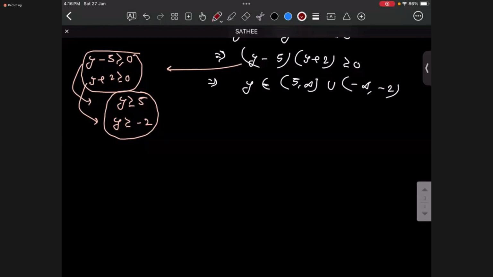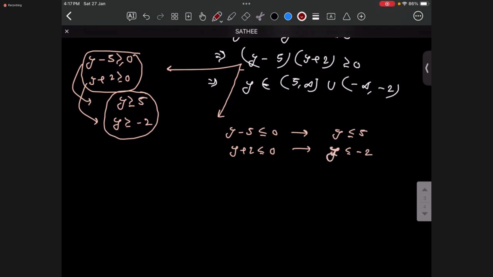Again, one can say that this expression is greater than or equal to 0 whenever y minus 5 is less than or equal to 0 and y plus 2 is less than or equal to 0. Now this implies y less than or equal to 5 and y less than or equal to minus 2.